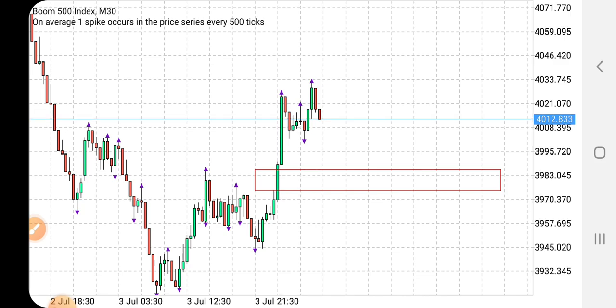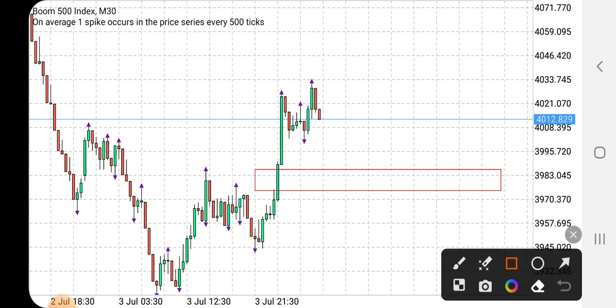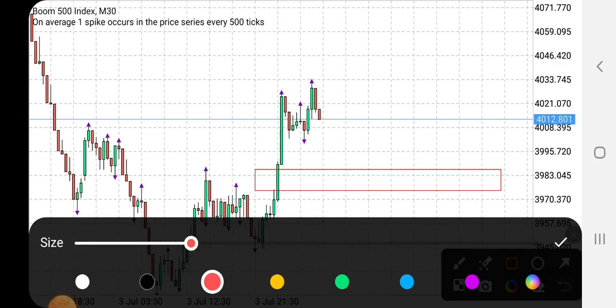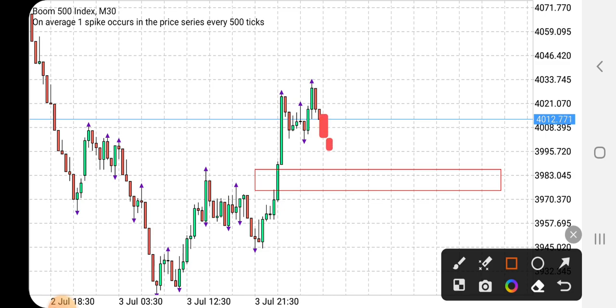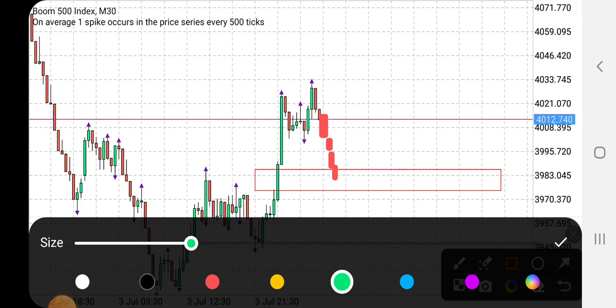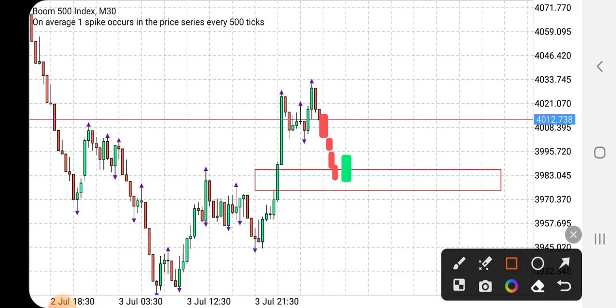You have your target now. So if the price drops to this level, and after that the price starts to close above here, you are going to be entering your buy at that zone.